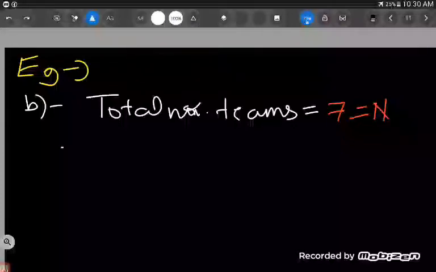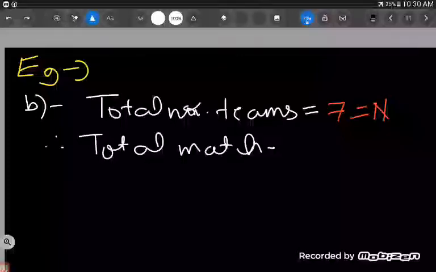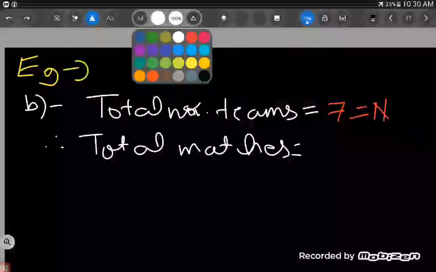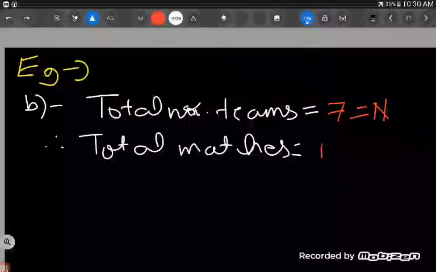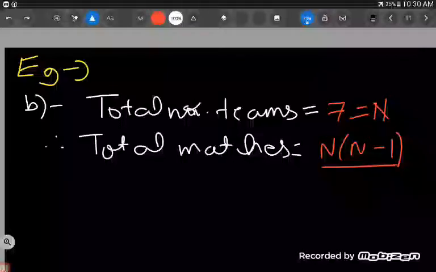Total number of the matches, n into n minus 1 by 2 in a single league.